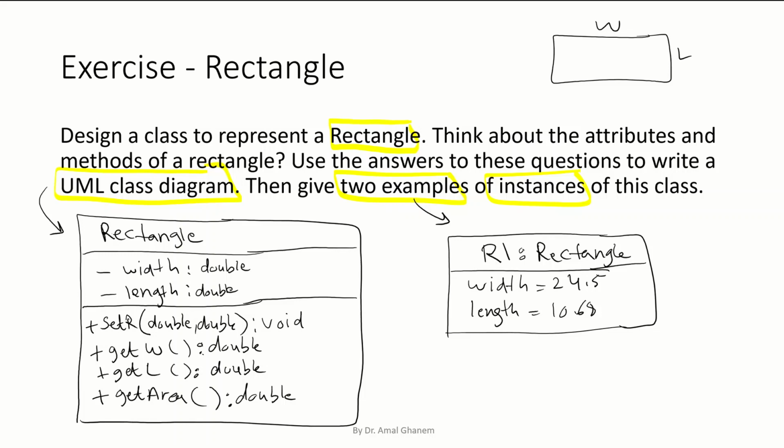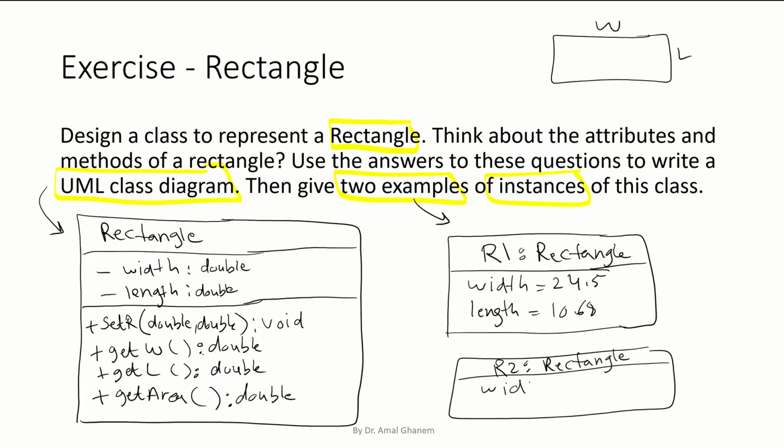And similarly, you can create another object by saying I have another object R2 of type rectangle. Again, I will have two attributes, private attributes, width and length. For example, 40 and 20.0, which indicates this is a double value.